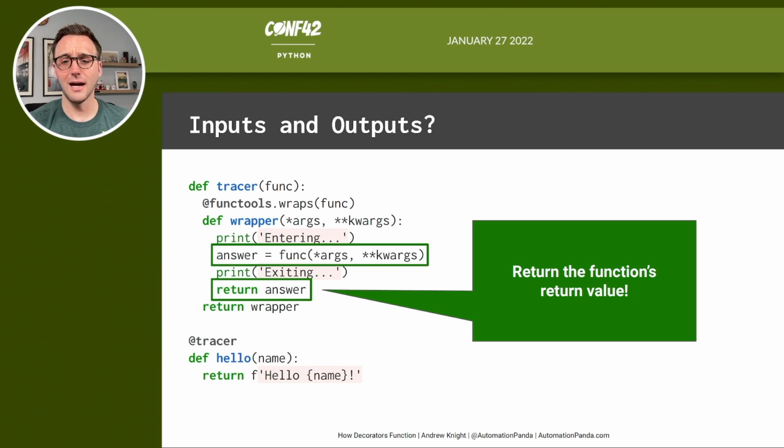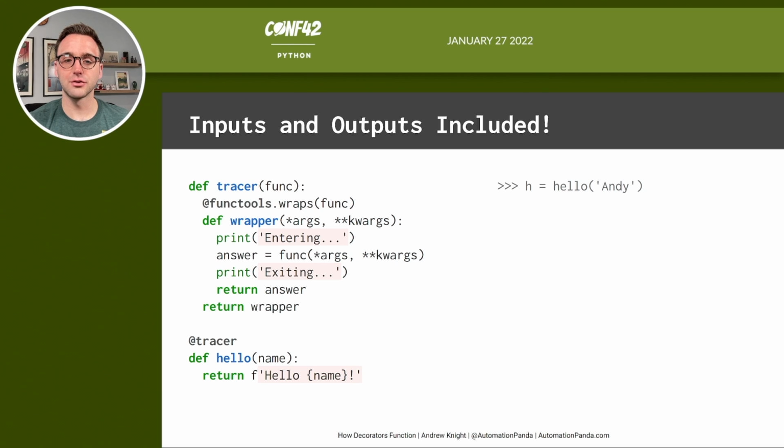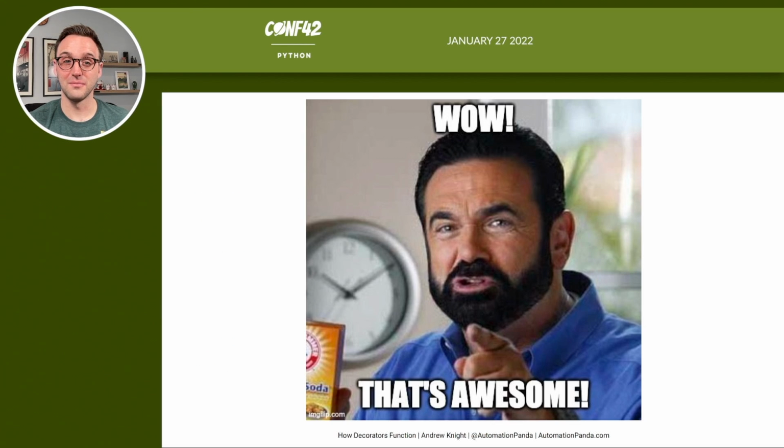If the inner function has no return value, don't worry. The decorator will pass through a None value. When we call the function with the updated tracer, we see tracing is now successful again. When we check the return value, it's exactly what we expected. It works! Wow, that's awesome.